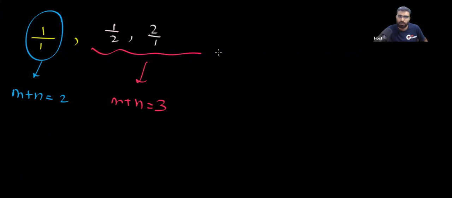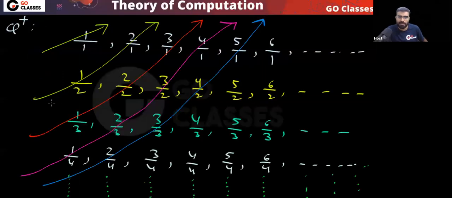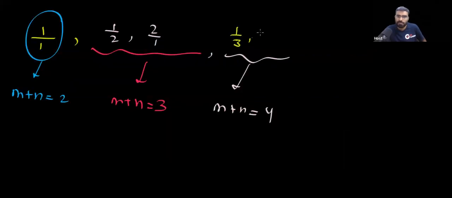Then I will cover where m plus n is equal to 4, that is 1 by 3, 2 by 2, and 3 by 1. Yes or no? Is this clear? Please tell me.